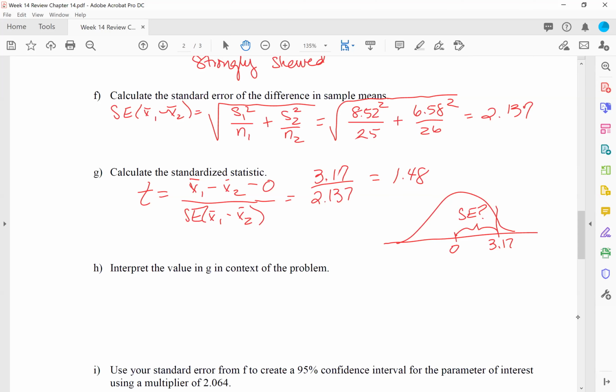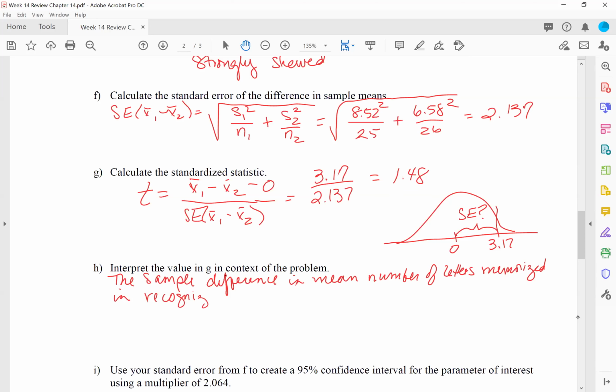Okay, cool, awesome. All right, so what this tells us, when we interpret this value, is that the sample difference in mean number of letters memorized in the recognizable group minus the non-recognizable group of 3.17 is 1.48 standard errors.